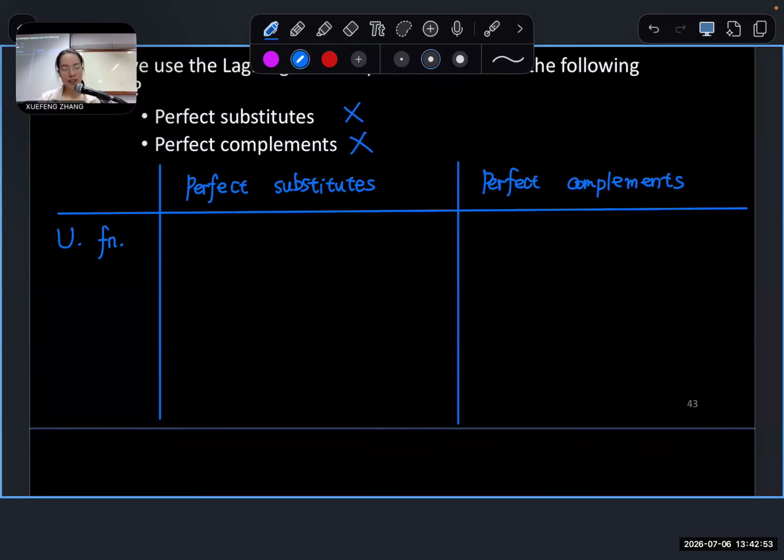For perfect substitutes, it's a straight line. That means the utility equals D plus F, or X plus Y, right? D and F here just mean two kinds of goods, okay? In general, D and F mean two goods.